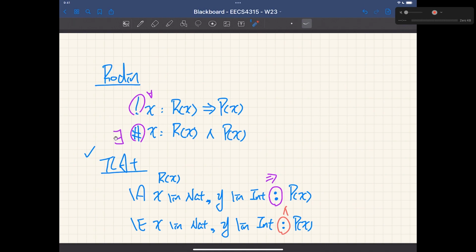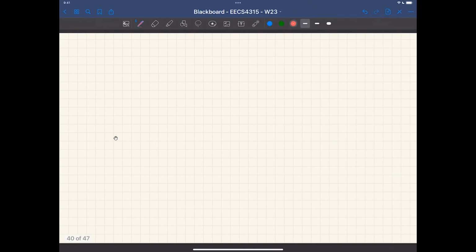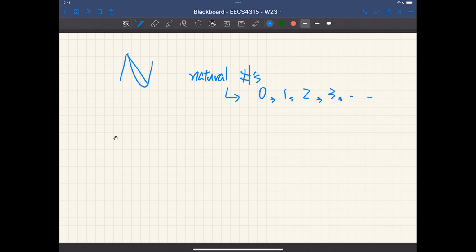So this one over here would be the natural number. For this course, our natural number definitely includes 0, like in 3342. Just remember, 0 is included.